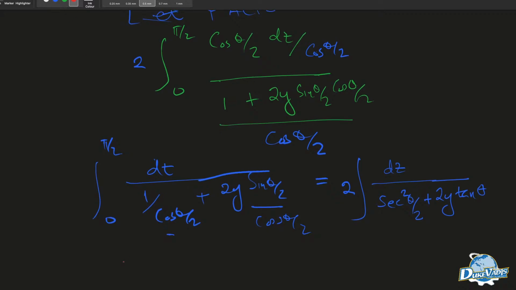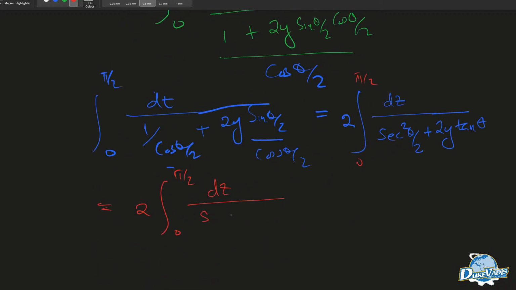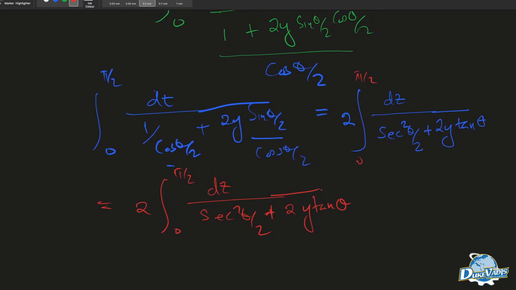So the final integral is 2 out, from 0 to pi, we have the dz all over sec squared theta over 2 plus 2y tan theta.